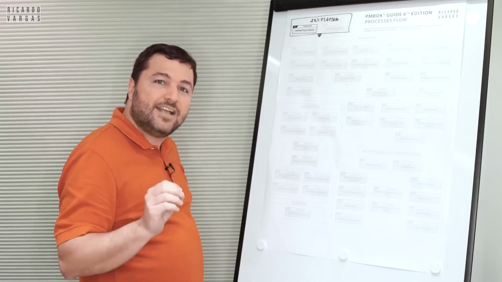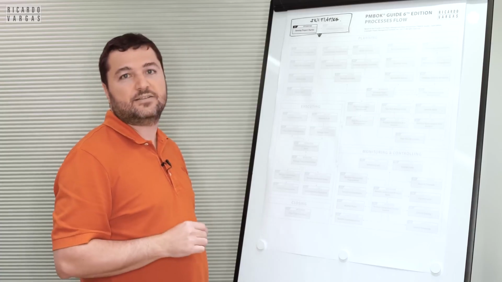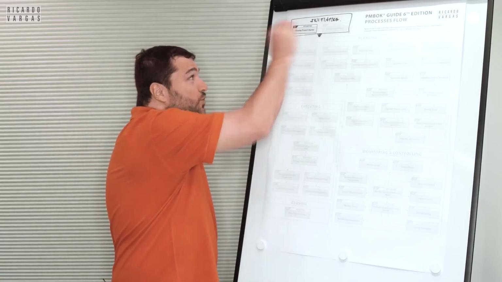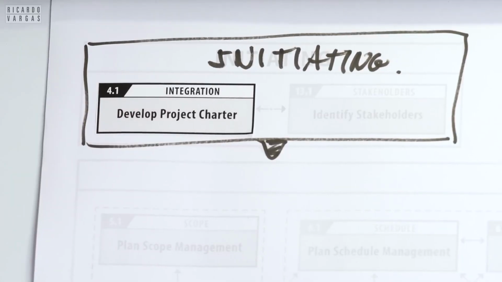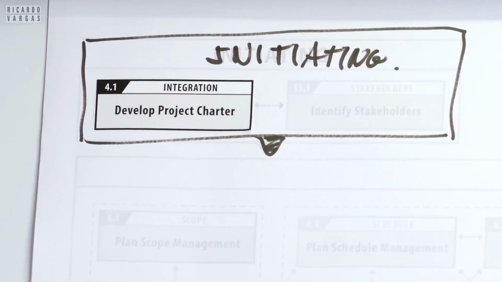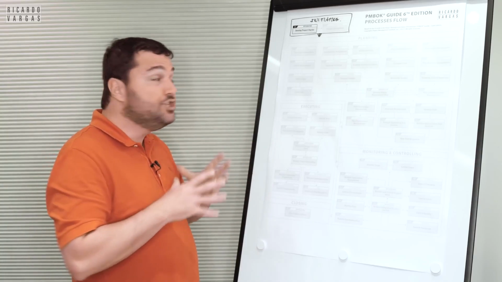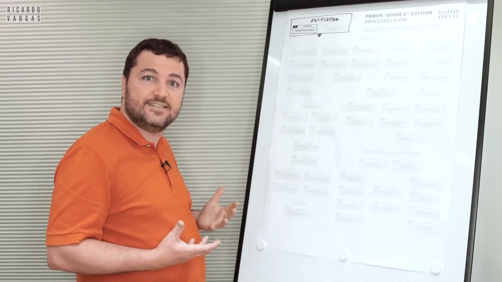The best way to explain the project charter is as a birth certificate. Why? Because it recognizes that a project exists. Here you give a name, a project manager, some basic conditions. It's a 1 or 2 page document just to underline the intention and why this project exists.